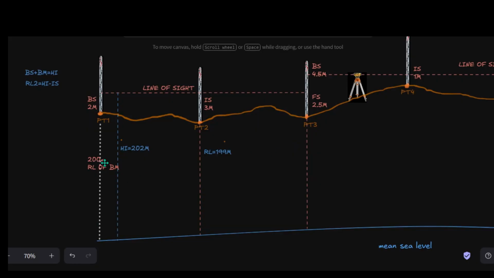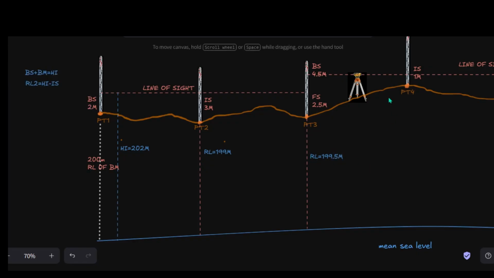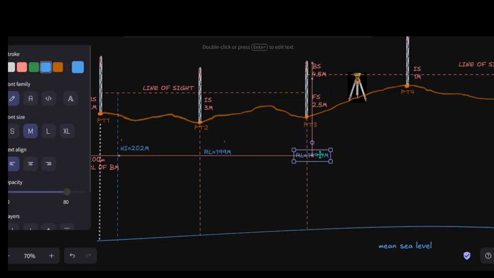So 202 minus 2.5 is 199.5. So RL is equal to 199.5 meters.